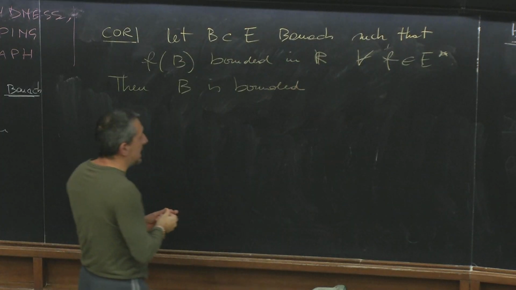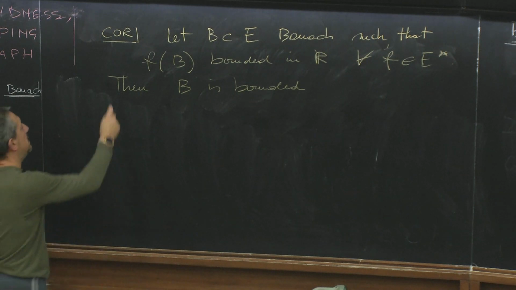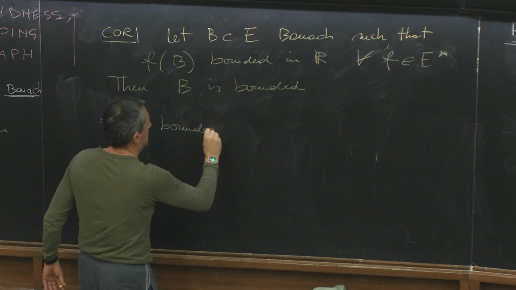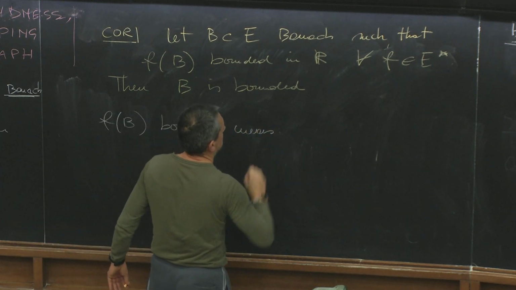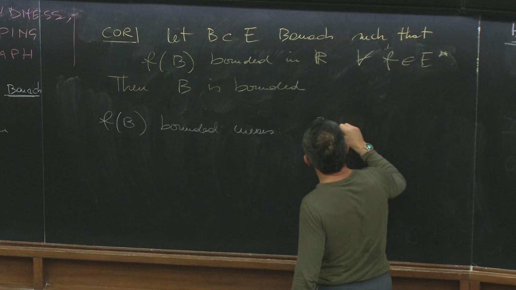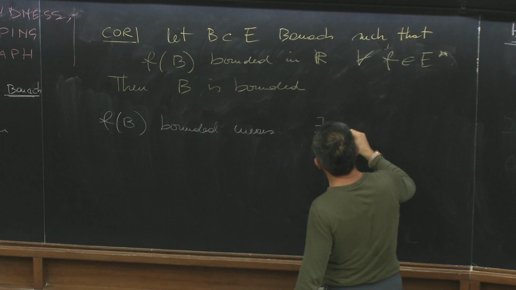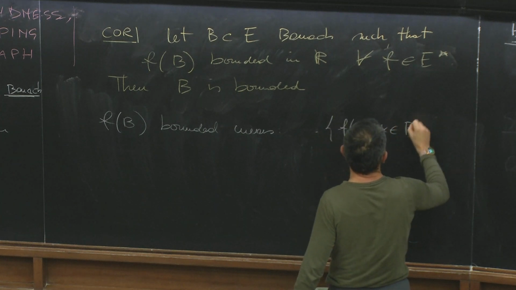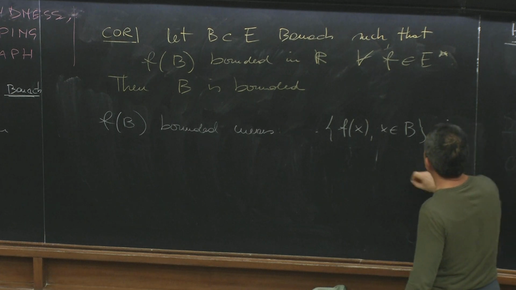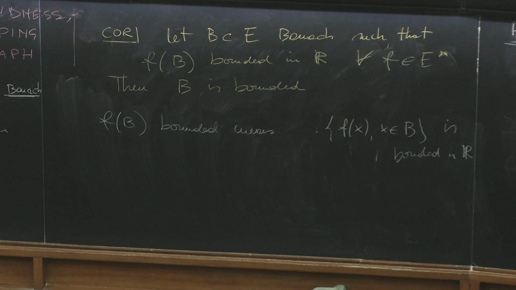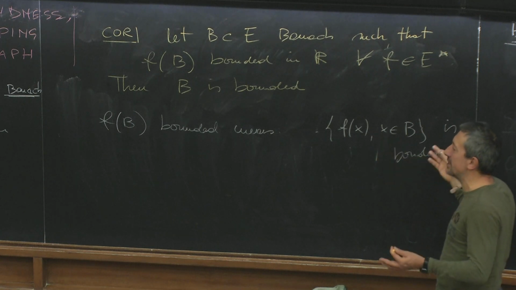Just to be clear about the difference in the statement: the first one, f of B bounded, means that there exists some constant, the set f of x, x in B, is bounded in R. I'm just saying that whenever I look through a linear function, it is bounded.